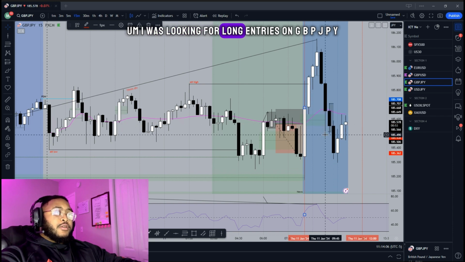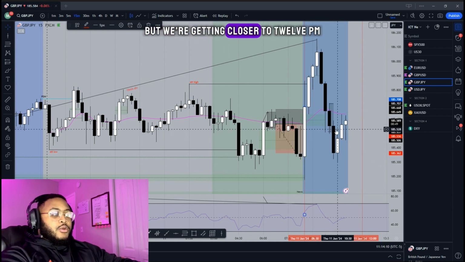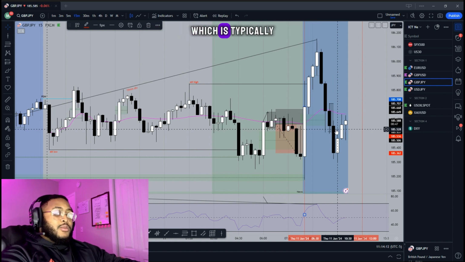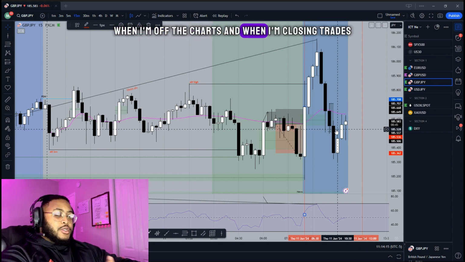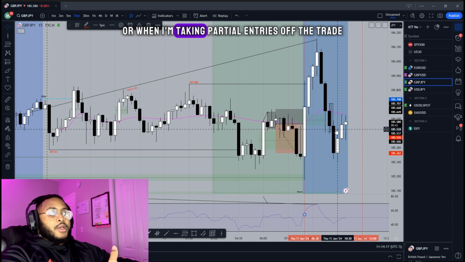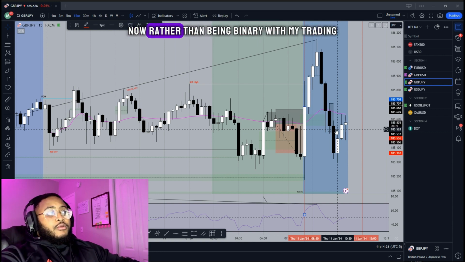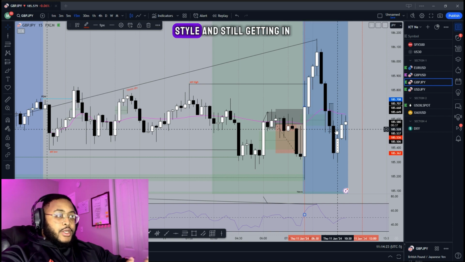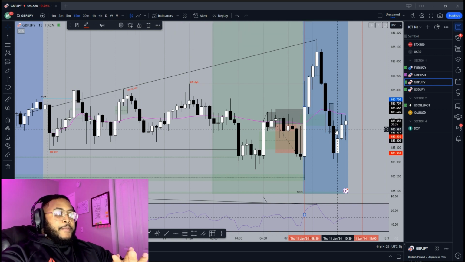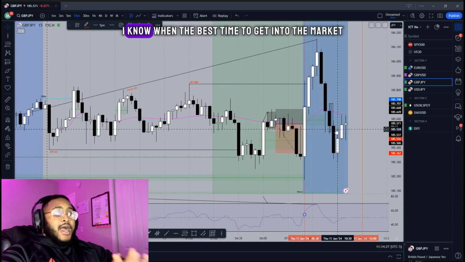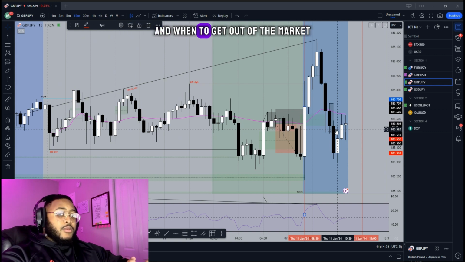I was looking for long entries on GBPJPY, but we're getting closer to 12 p.m., which is typically when I'm off the charts and when I'm closing trades or taking partial entries off the trade. Rather than being binary with my trading style, I know, based off of my statistics, when the best time is to get into the market and when to get out of the market.